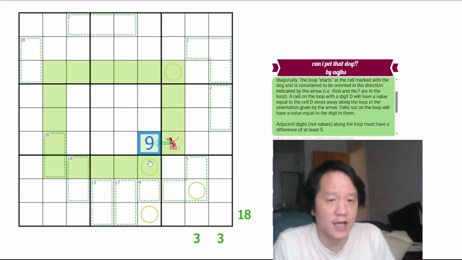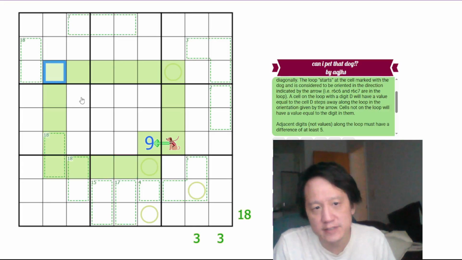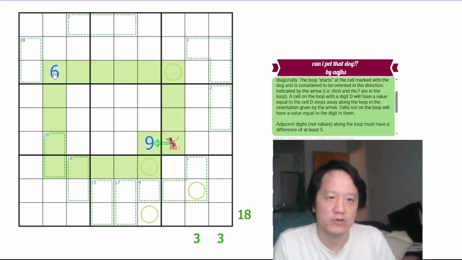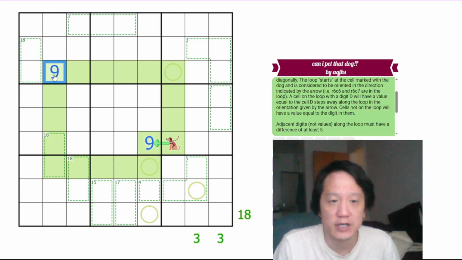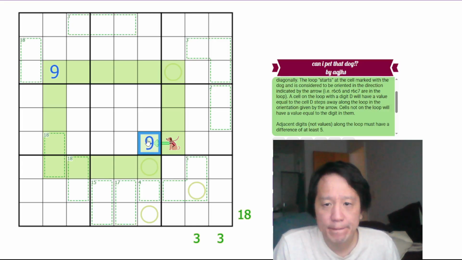Say this was 9 itself. Then the value would be 1, 2, 3, 4, 5, 6, 7, 8, 9 steps away, so the value would be whatever that cell has, which is, we'll put a 6 there. Or if we put 9 there, then the value of that would be 9. Cells not on the loop have a value equal to the digit in them.